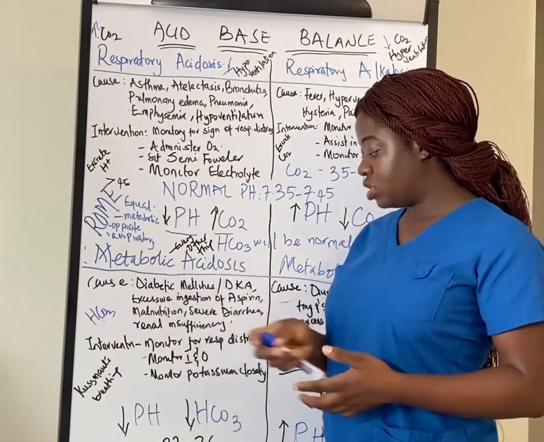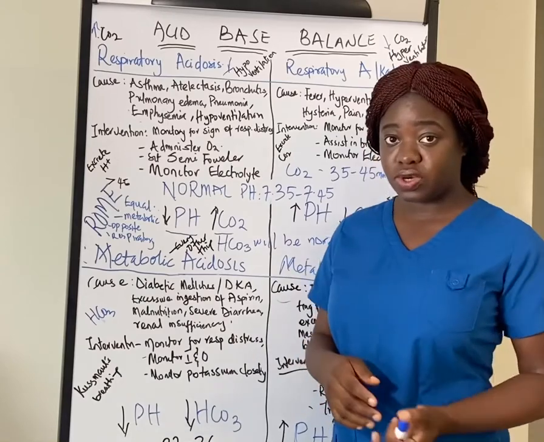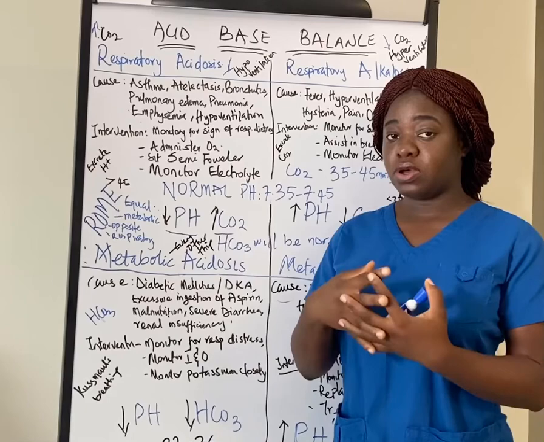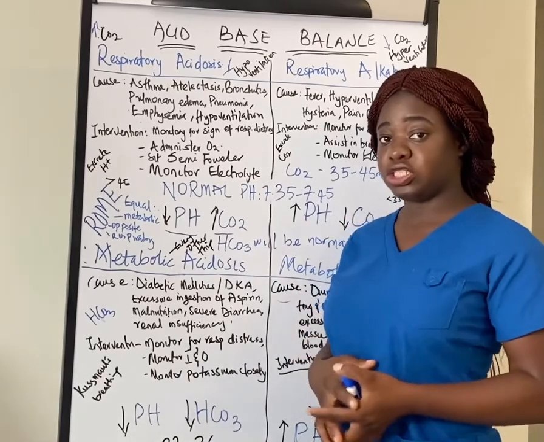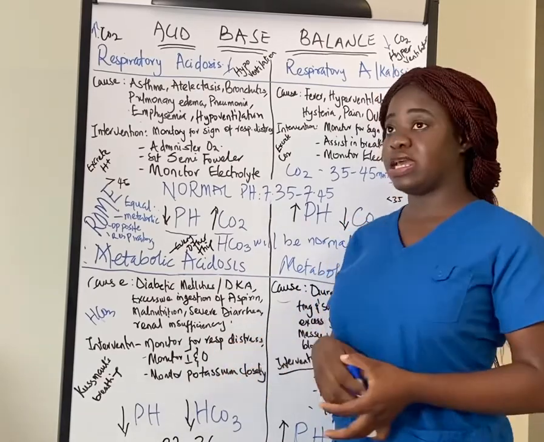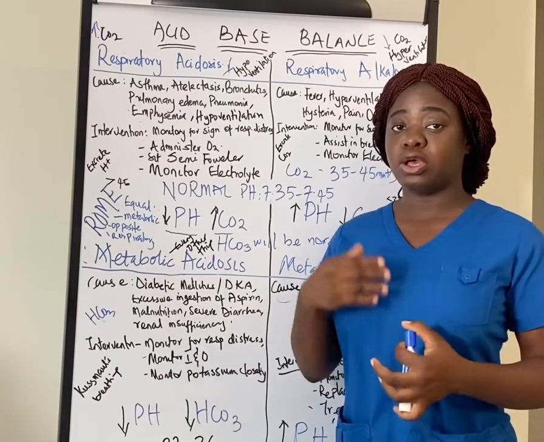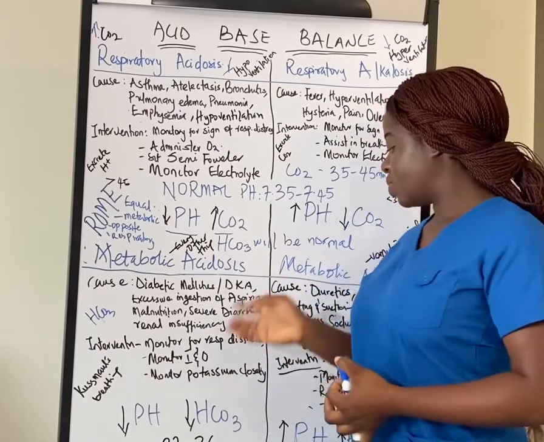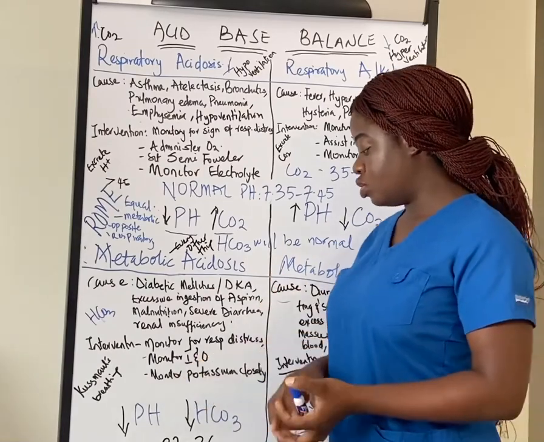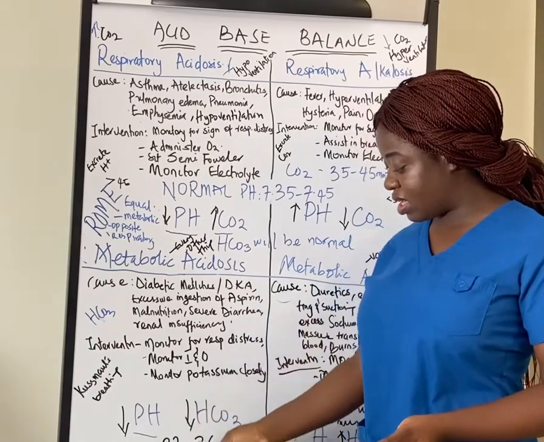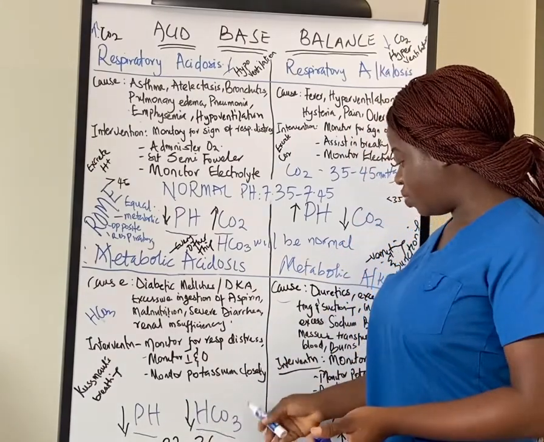Interventions: you monitor clients for respiratory distress, you monitor the intake and output of the client, and monitor the potassium level of this client. The way the body tries to compensate for this is through Kussmaul breathing. And you discover that the pH will be low in this case, and the HCO3 will be low in this case.